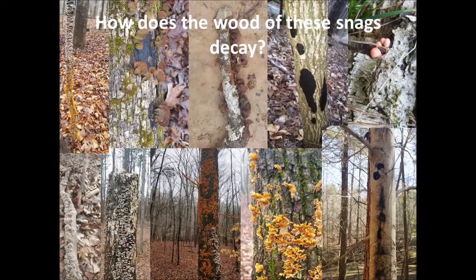How does the wood of these snags decay? The wood typically decays because of an infection by various fungal species, and you can see there's a wide variety of fungal species that would attack a snag and start to break it down. Also, you would have termite activity, wood borer activity, which would contribute to its breakdown.